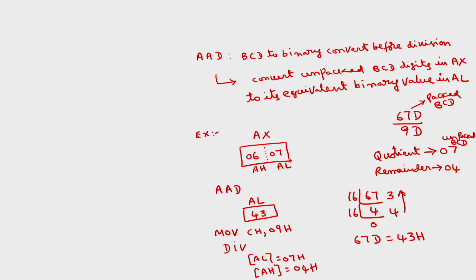Then 9 you can take into any other register, then perform the division. But the division instruction assumes the data given is in hexadecimal form, whereas this is actually decimal. So to convert this decimal into the equivalent hexadecimal 43, we use the instruction AAD.